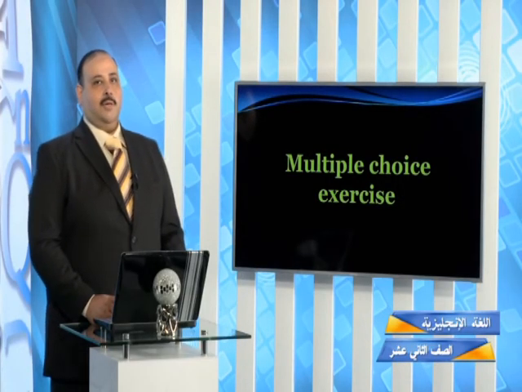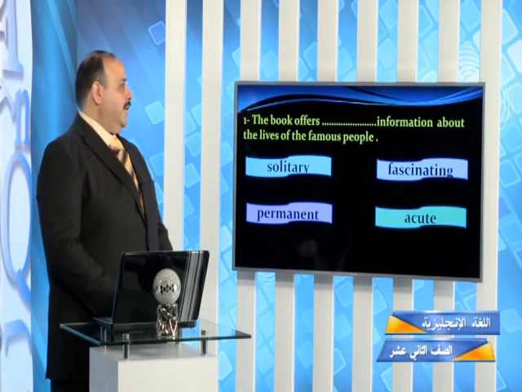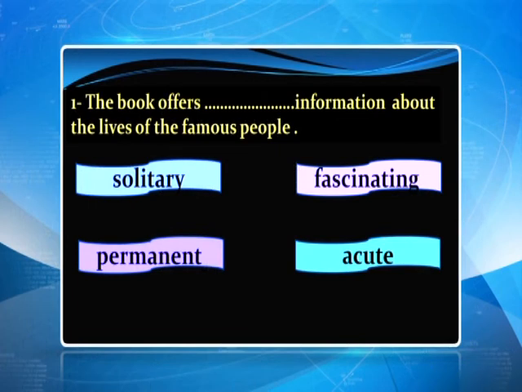Okay, now we have already explained the meanings of the new words. We shall check our understanding and try to use them in sentences or in answering some exercises about the vocabulary. All right, I want you to look carefully. We have a multiple choice exercise. Now see, the book offers blank information about the lives of famous people.